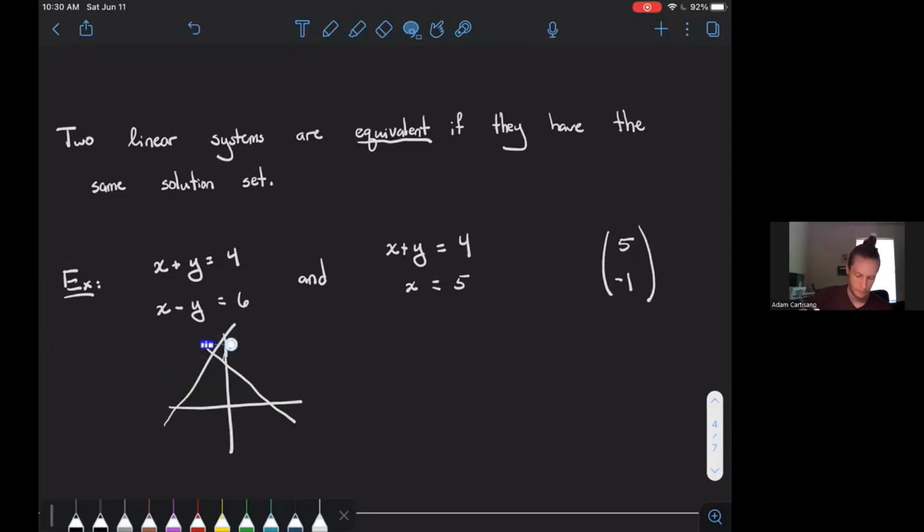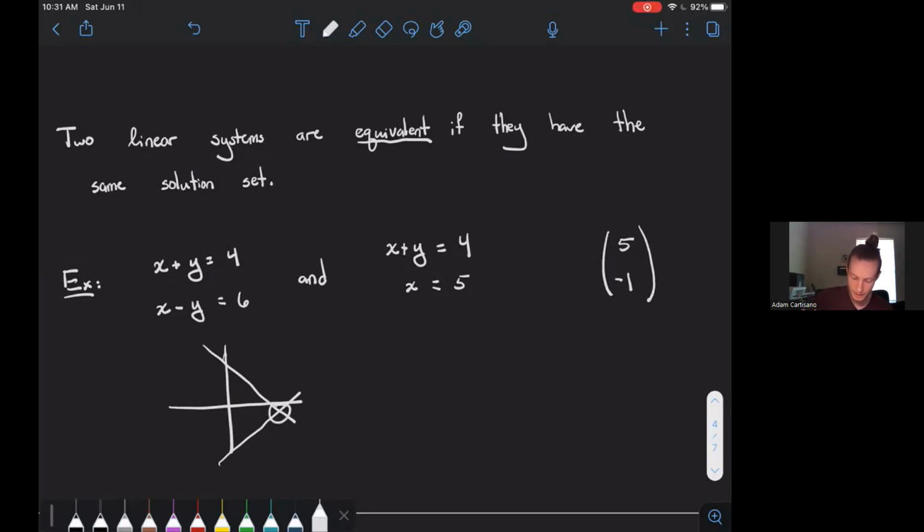And there's your point, 5, -1. Oh, wait, what have I done? I've done this wrong. Sorry, x minus y, I drew y minus x. Okay, y equals x minus 6. So like this. Okay, whatever. And there's your 5, -1.